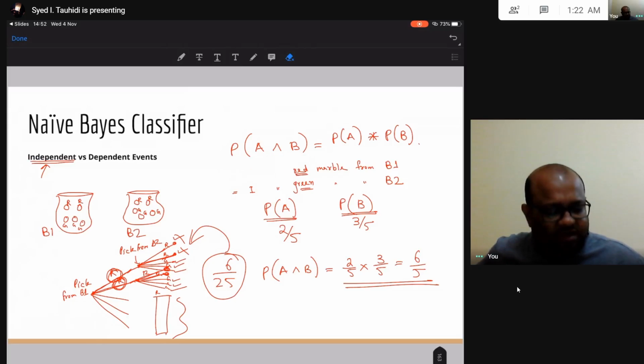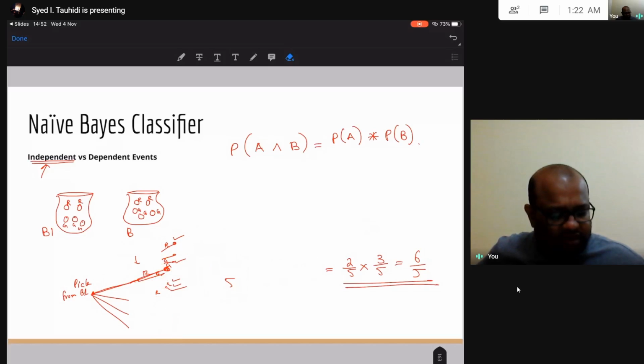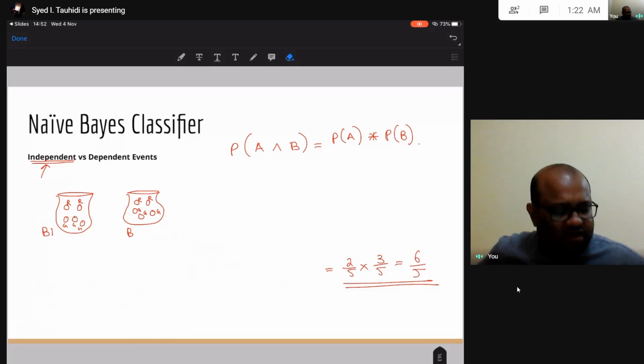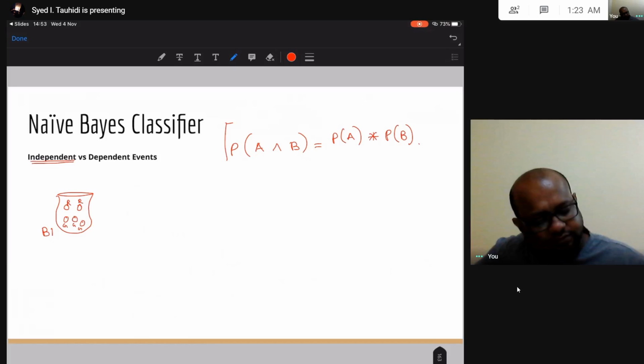The 2 events, me picking a marble from bag 1 and me picking a marble from bag 2, are not dependent on one another. So in case of 2 events A and B which are independent, the joint probability of A and B, both A and B happening, is the multiplication of the probability of A and the probability of B. Alright, so this is the formula in case of independent events.